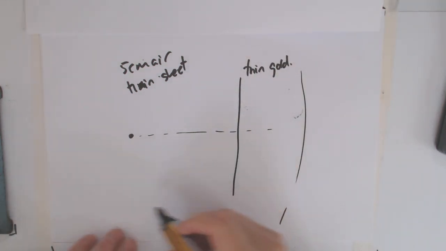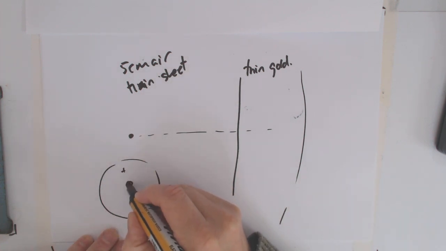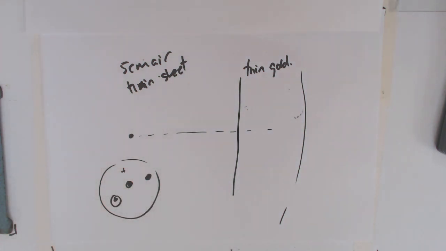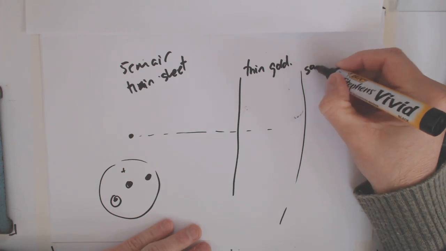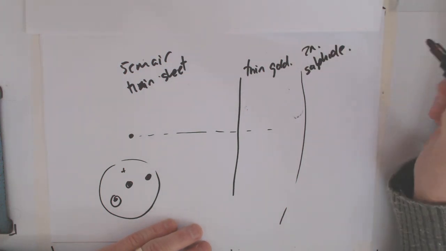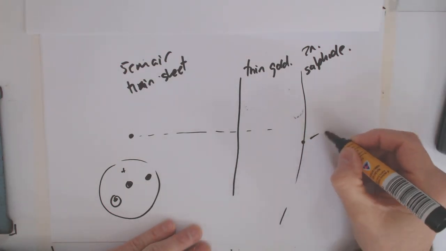Of course, he was thinking that the old Thomson model was correct, and that there was all this positive charge with these little electrons inside. And so he was expecting some very, very weak deflection. And he was going to use a screen over here, a zinc sulfide screen. The reason he used that was because when the alpha particle ended up hitting it, there was a brief flash of light.